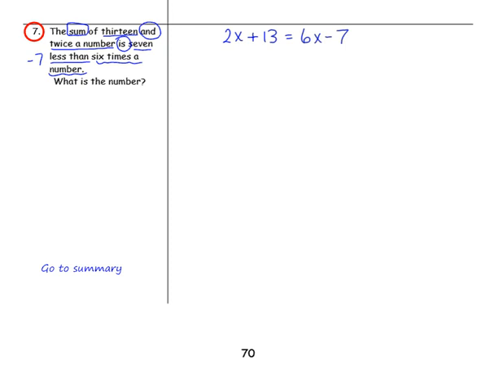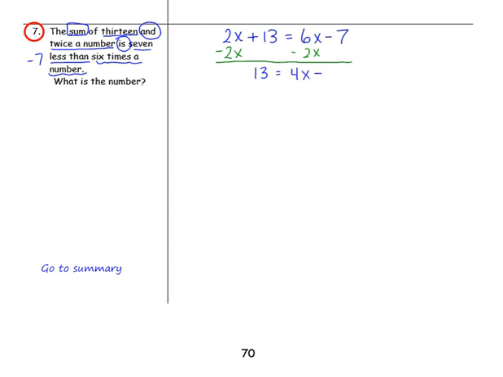Both sides of the equation are simplified, so we're ready to solve. For my first step, I'm going to subtract 2x from both sides of the equation. Remember that there are several things you could do first, and this is what I've chosen to do. I simplify on the left, that leaves me with 13. On the right, 6x minus 2x is 4x.